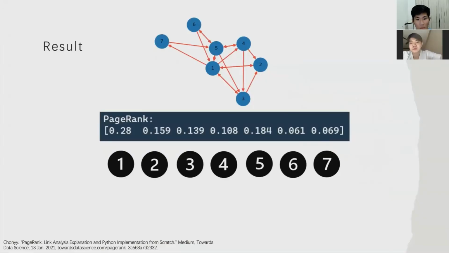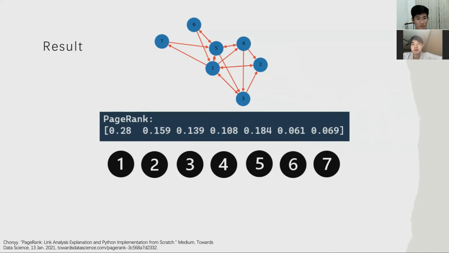All right, so from the result, we see node 1 and node 5 have a relatively larger PageRank score or higher PageRank score than the rest of the nodes. The reason why node 1 is higher than the PageRank of node 5 is really simple. So if you look at node 1 alone, there are in total 4 nodes that are contributing to its importance.